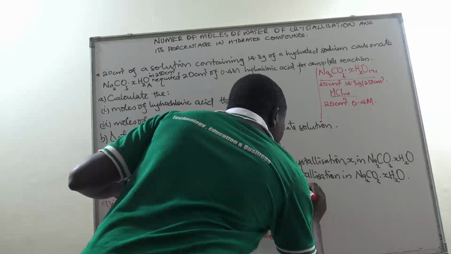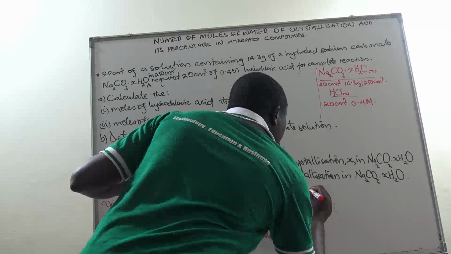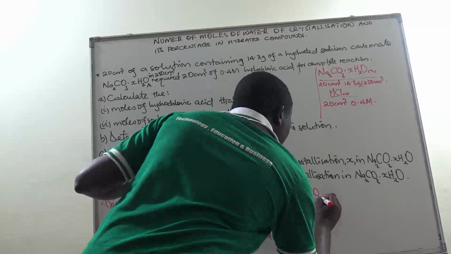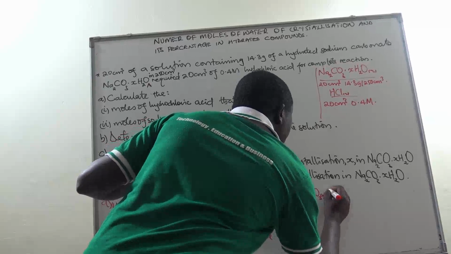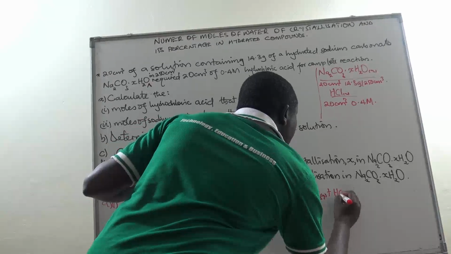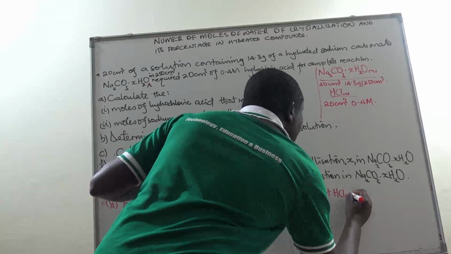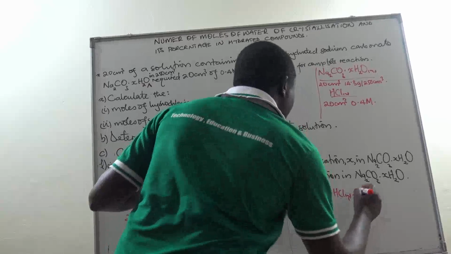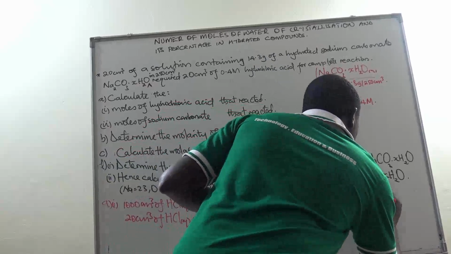So we shall have sodium carbonate solution. Don't again write water of crystallization there. It is reacting with hydrochloric acid. And our expected products here are sodium chloride.